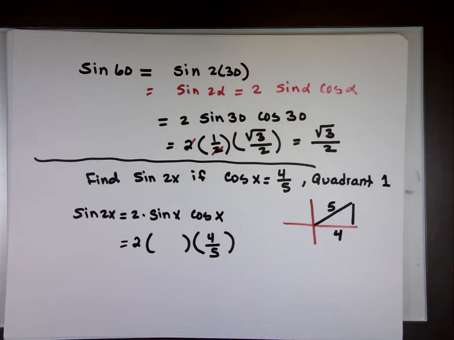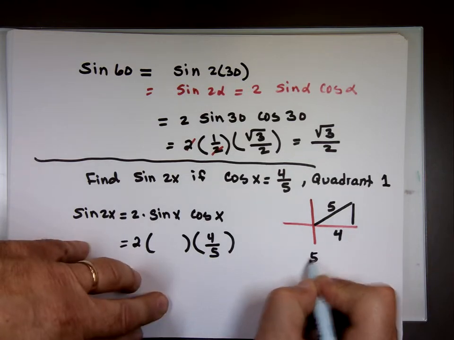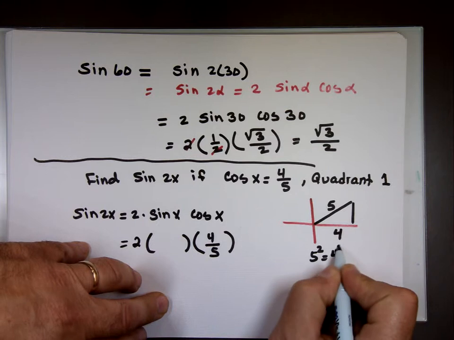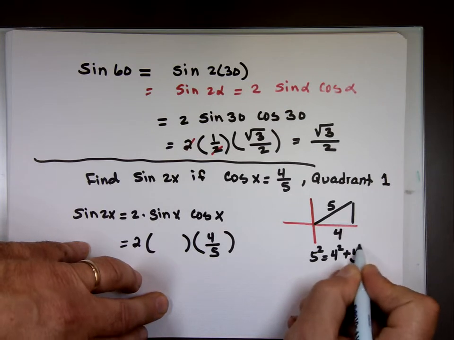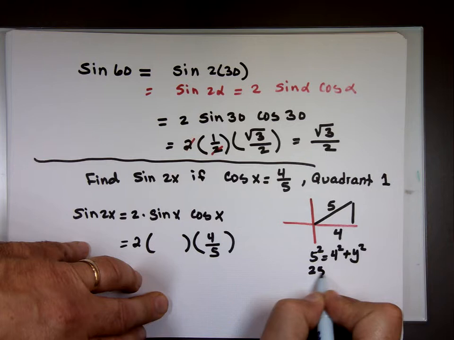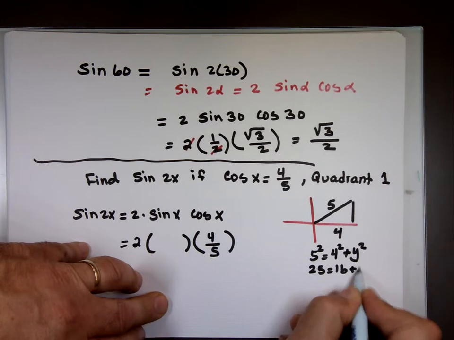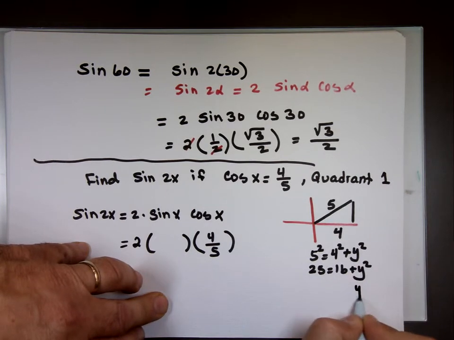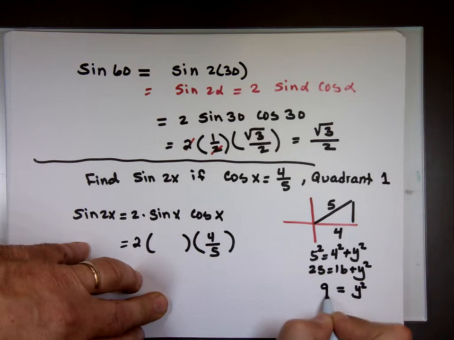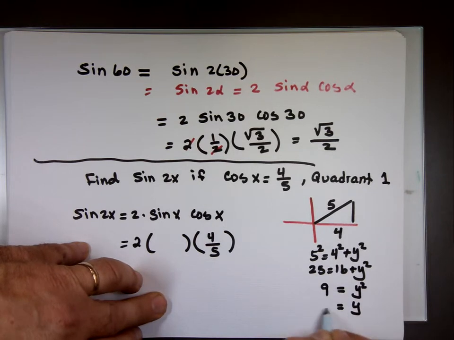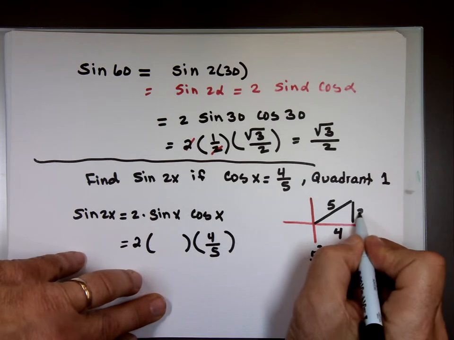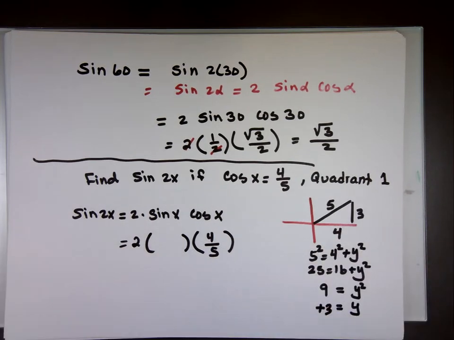Pythagorean theorem, right? 5 squared equals 4 squared plus y squared. 25 equals 16 plus y squared. y squared equals 9. Is y positive or negative? Positive. Positive 3. So this side is 3.